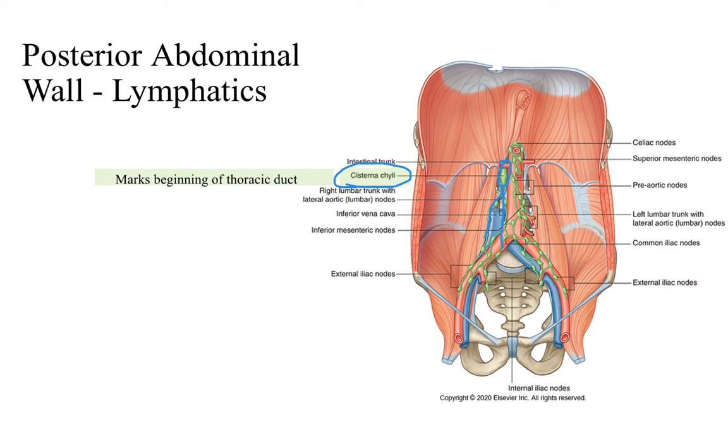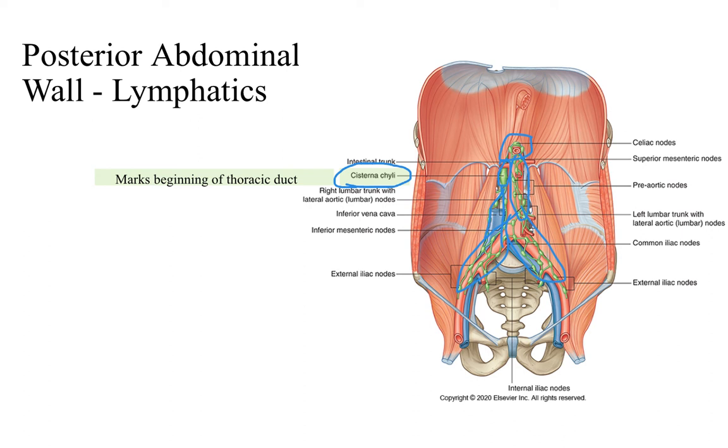All right. Notice that you have celiac nodes. You have all these nodes along the aorta, and all these nodes along the iliac arteries. And this makes sense because everything that's inside your digestive tract is coming from the outside.